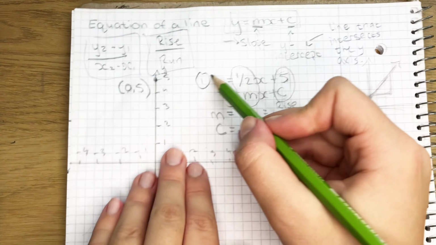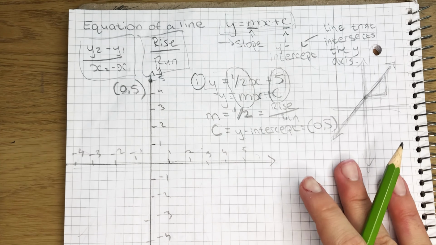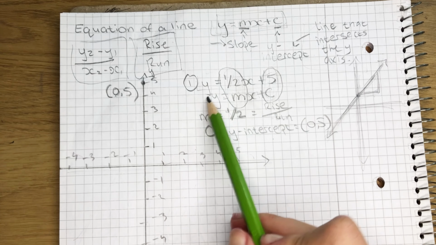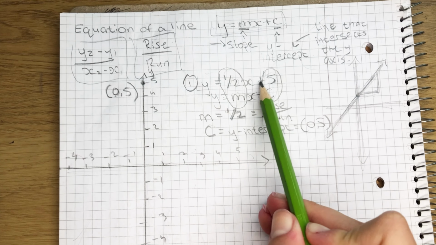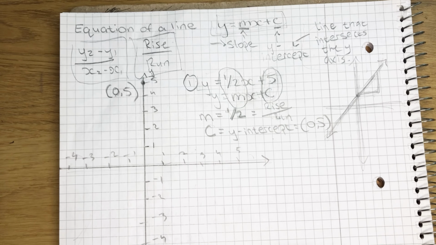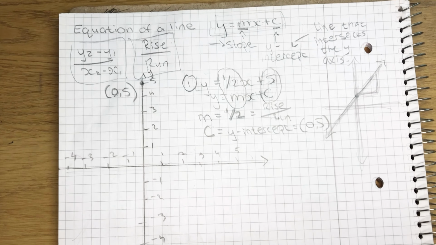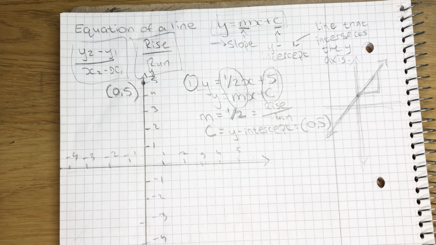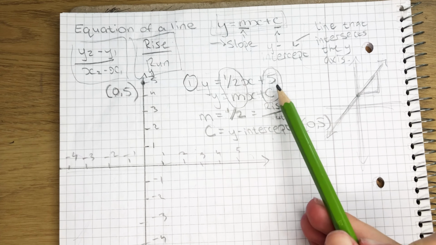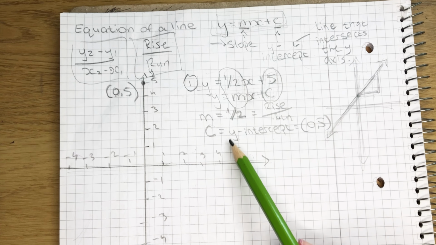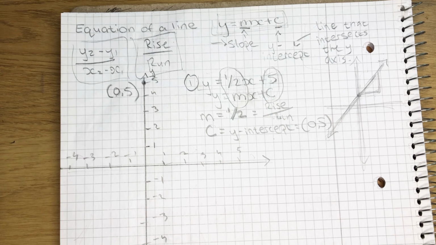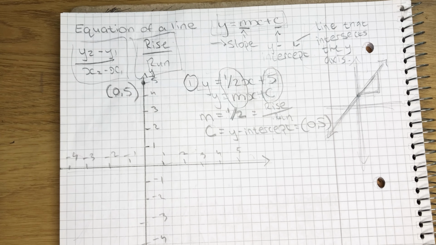So from this, this is very messy, I do apologize. From this question, it has given us y equals 1 over 2x plus 5. What have we gathered from that information? We now know that the slope is 1 over 2, which is rise over run. And the 5 represents the y-intercept, which is 0, 5. Using this information, can we draw this line?